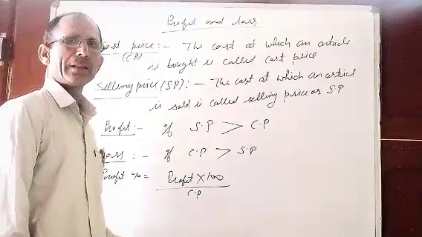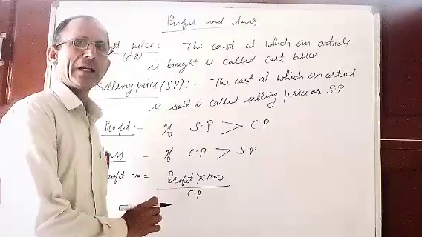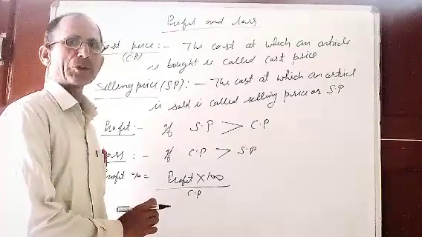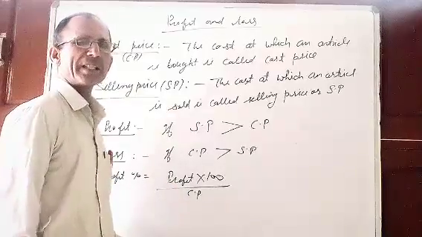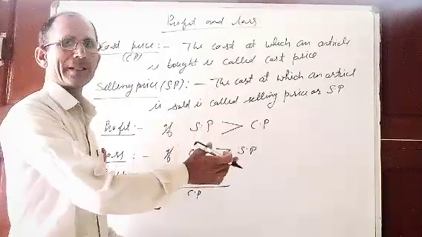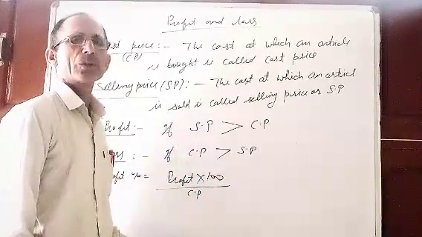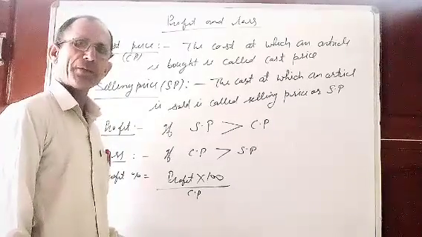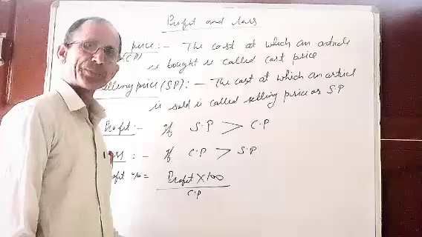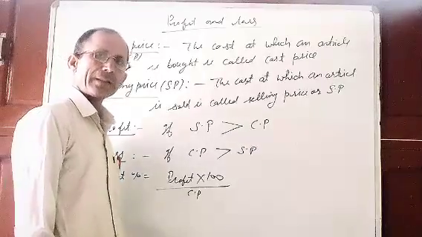You have to learn this formula to solve questions related to profit and loss. If you have to find profit percent, then apply this formula: profit multiplied by 100 divided by CP. Is it clear? Yes.